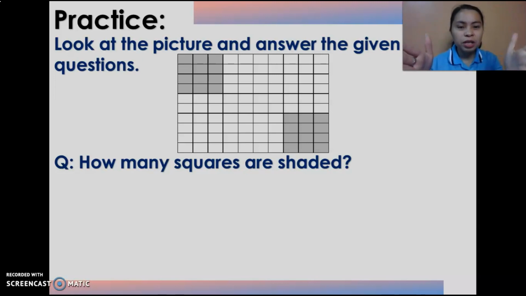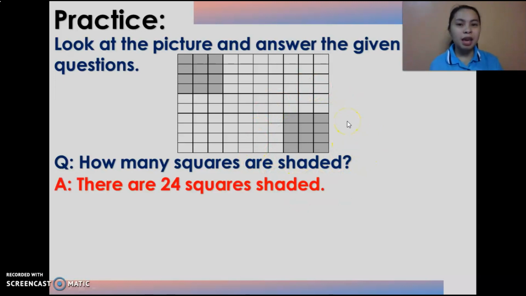Okay, I think this is the last picture. Look at the picture and then you count how many squares are shaded. The answer would be, there are 24 squares shaded. Very good. One more time.